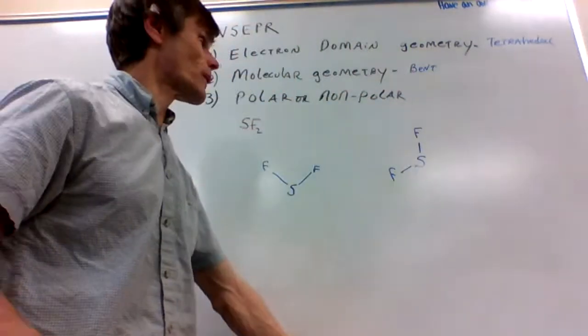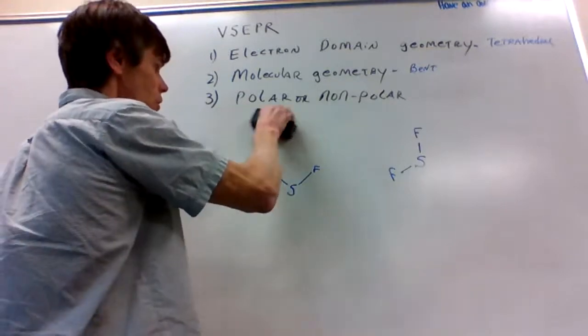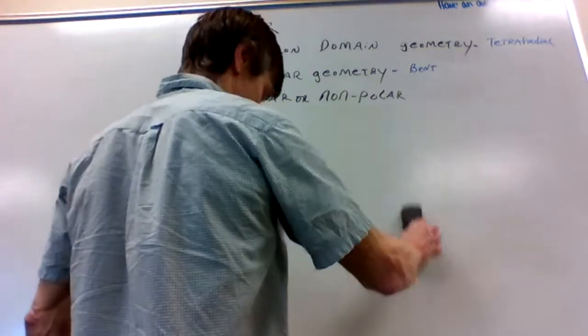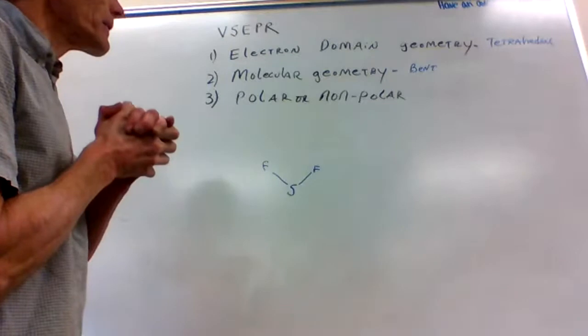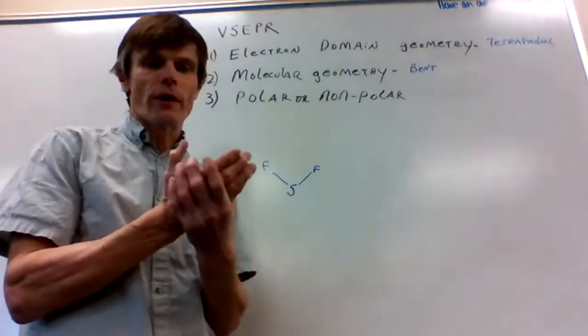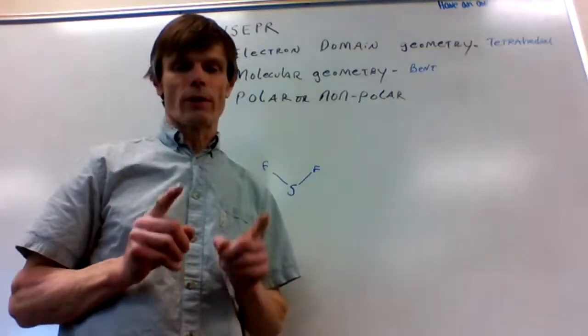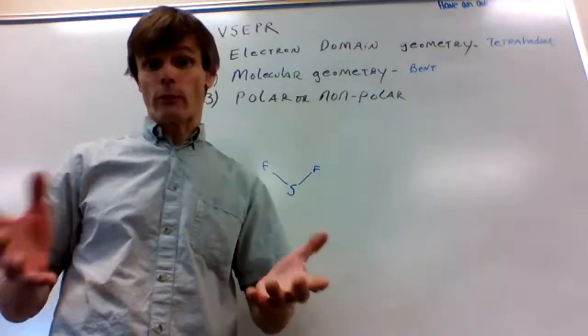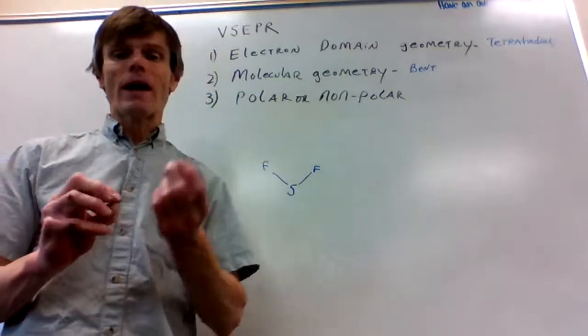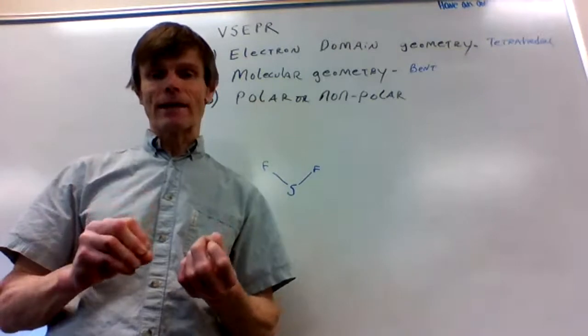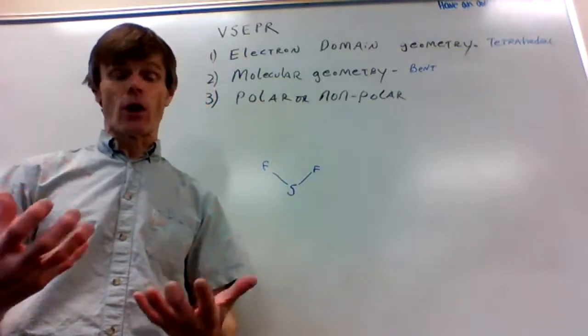Now, the next question we're going to ask is, is the molecule polar or nonpolar? And when we decide in this case as to whether a molecule is polar or nonpolar, we think of two things as we've been going through. First of all, differences in electronegativities between the atoms involved in bonding.